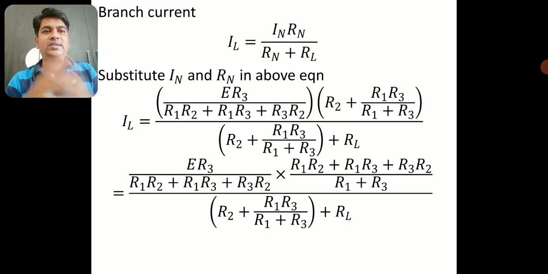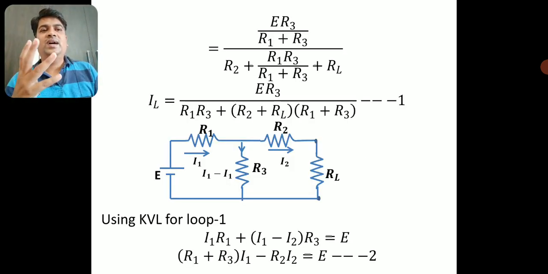Now I will do a little bit of simplification in the numerator. I will take the LCM of R1 plus R3. So in the numerator I will get R1 R2 plus R1 R3 plus R3 R2, that cancels with this. Now I will get in the numerator E R3 by R1 plus R3, divided by, I am writing the denominator the same, take the LCM in the denominator, R1 plus R3, multiplied by R2 plus RL.